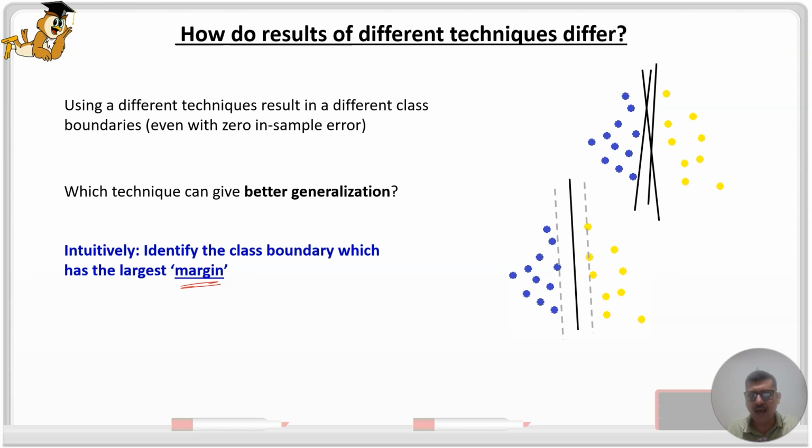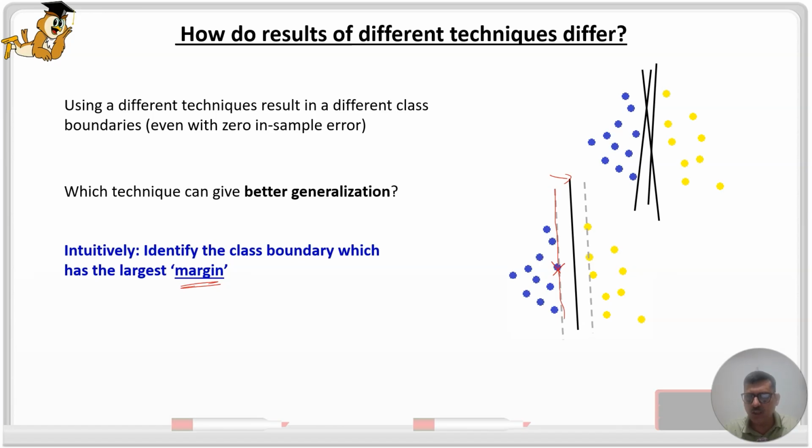Create 2 parallel hyperplanes to this class boundary, which is itself a hyperplane, so that these 2 pass through the closest points on either side of this class boundary. So let us say this particular blue point is closest to this class boundary, and therefore you draw a parallel hyperplane passing through that blue point.